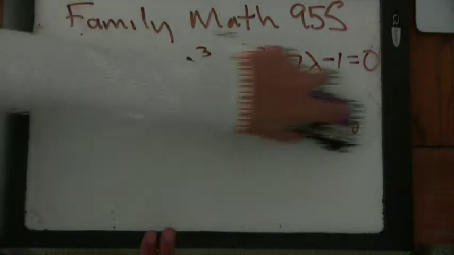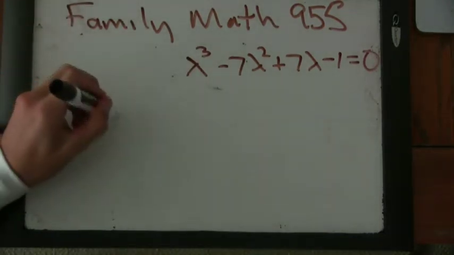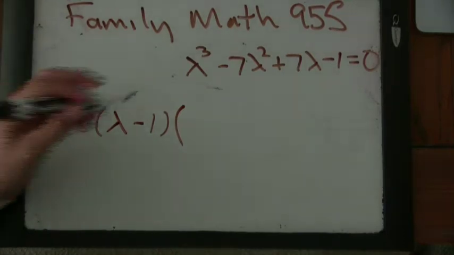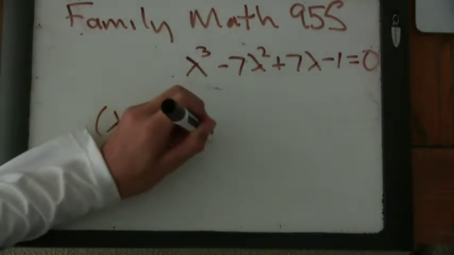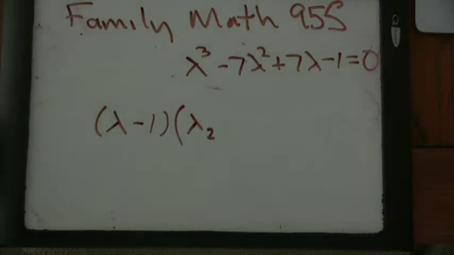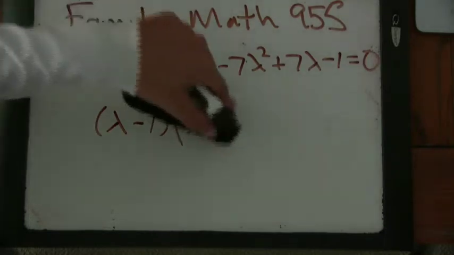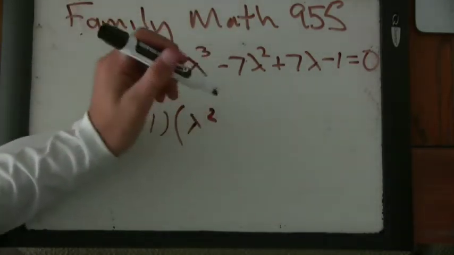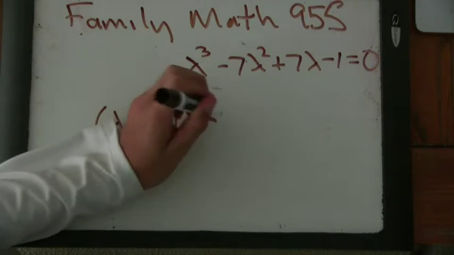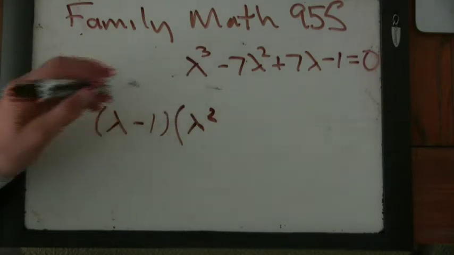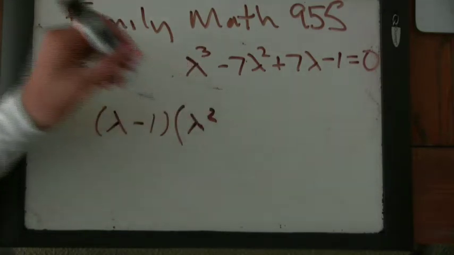So we're going to have lambda minus 1 times what's left. So it's going to be lambda squared. Let's see. So from this we get lambda cubed minus lambda squared.